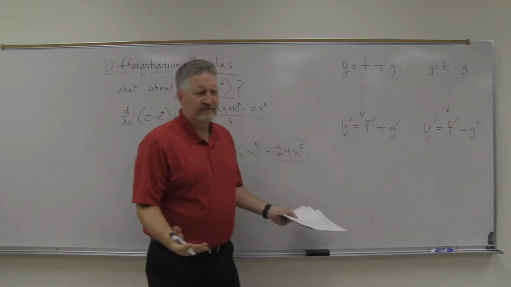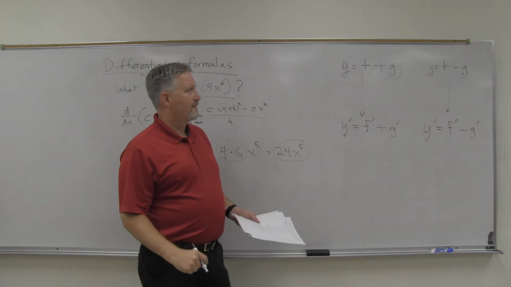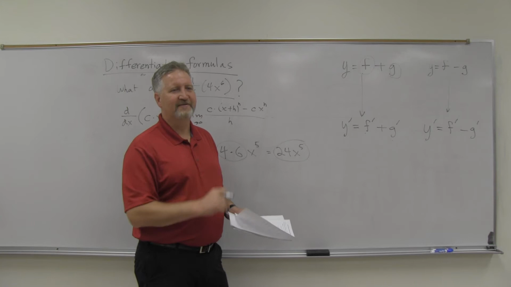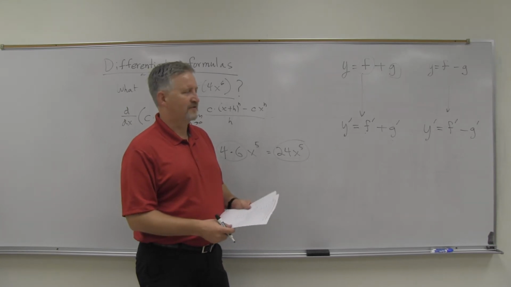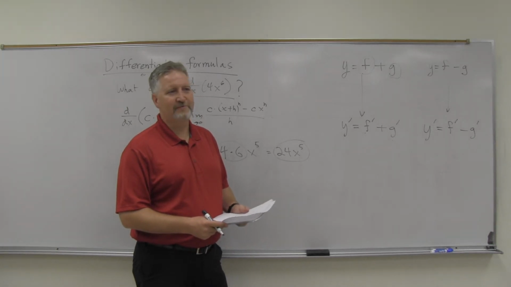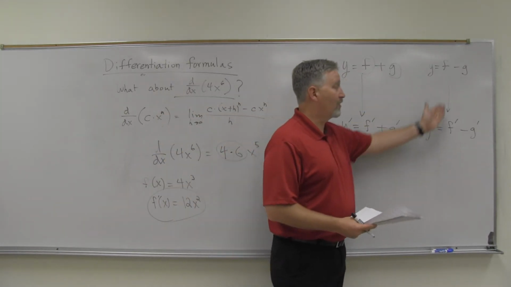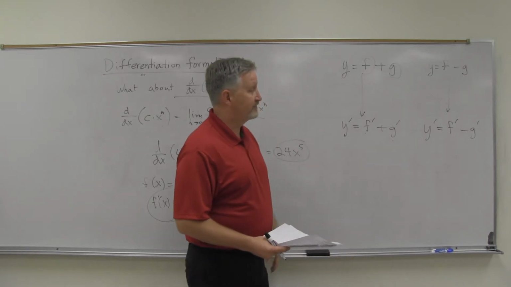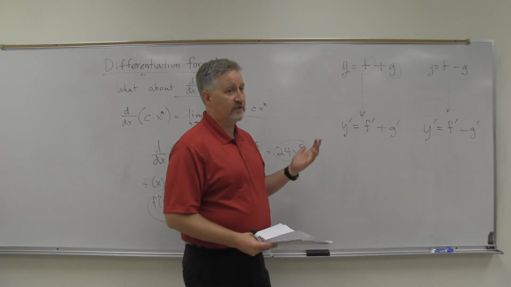Which may seem like, yeah, okay. But you can't do that with every operation. I'll show you what happens with multiplication. You can't do it with multiplication, and you can't do it with division. This only works for addition and subtraction, so it is significant, because it doesn't work for every operation.